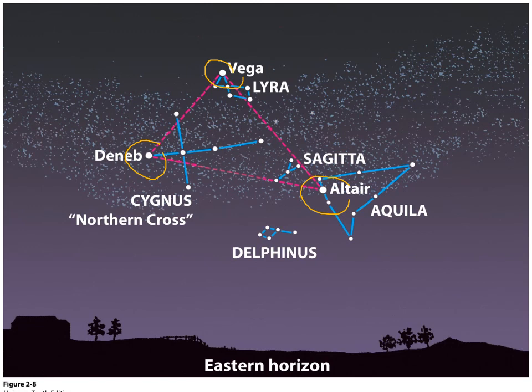In fact, Cygnus has another asterism in it. The Cygnus is a swan, and there's a couple other stars here that make kind of a swan here, but part of Cygnus the swan is called the Northern Cross because it looks like a big cross.